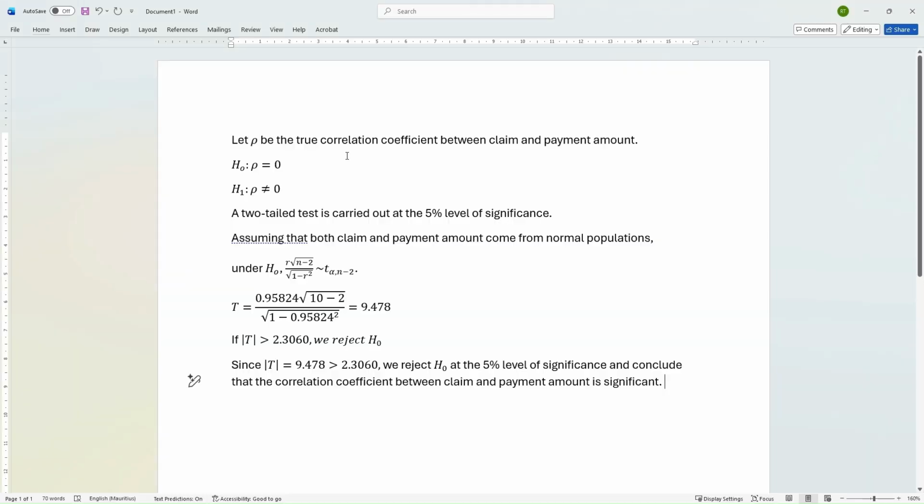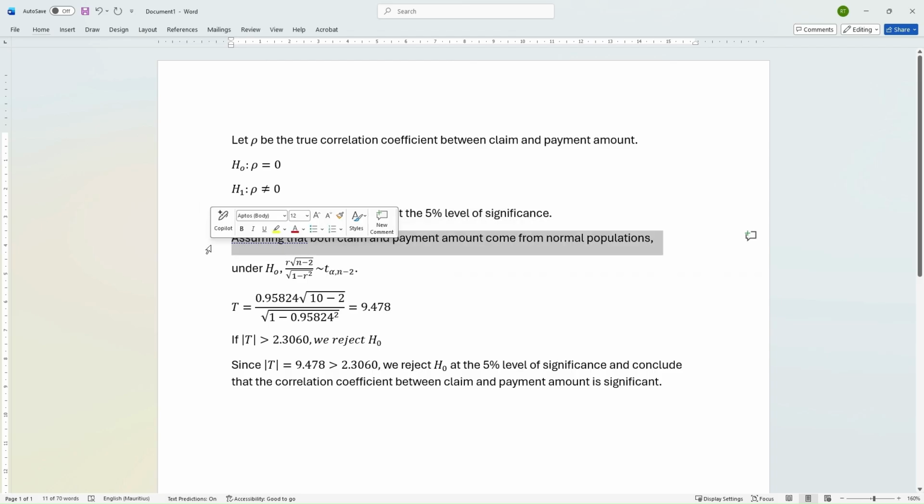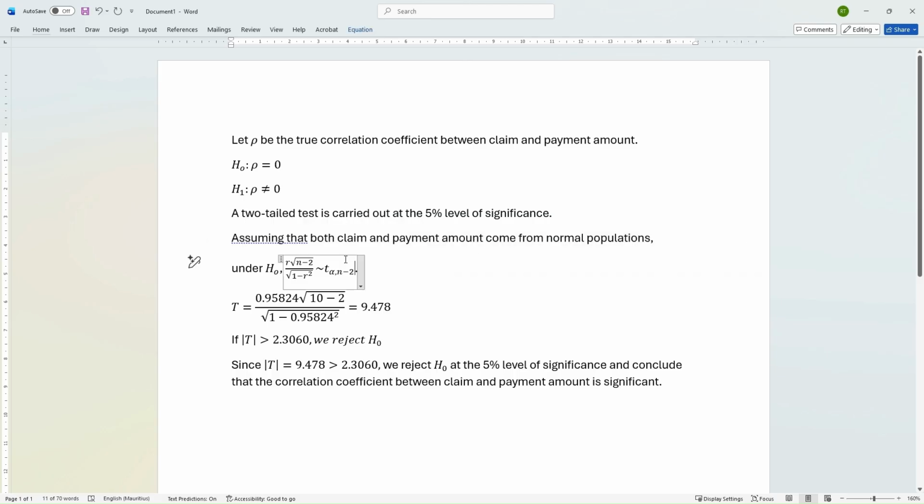When you are answering a question on hypothesis testing in correlation, you need to ensure that you define your rho, you state your hypothesis, you state what level of significance or whether you are carrying out a one-tailed or two-tailed test. You put down your assumptions, and the assumptions are that the two variables x and y are normally distributed in the population.